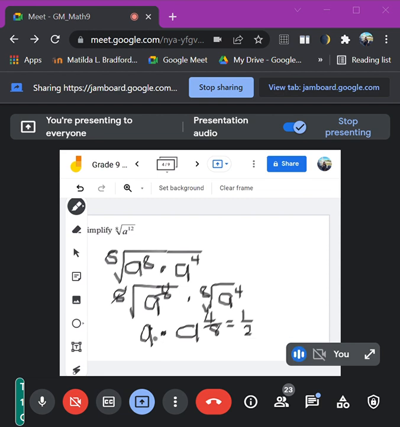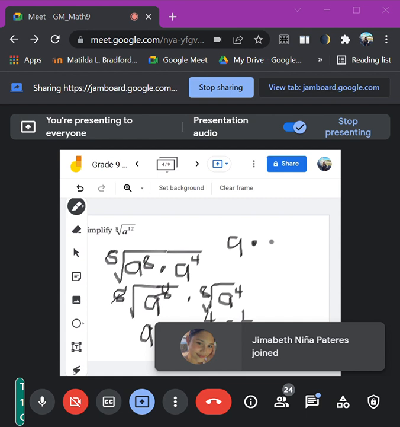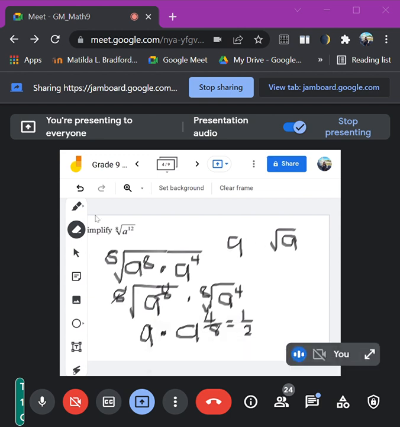So, from this one, you will have your final answer as a, and then ibalik na nimo siya into radical sign, so that would be square root of a. Or pwede na nimo siyang dili butangan og times diha. Or a square root of a ang atoang final answer. Okay? So, pwede na nimo siyang bali-balihon class ha. Ibali nimo og exponential, ibali nimo og radical para ma-simplify gyud nimo siya.